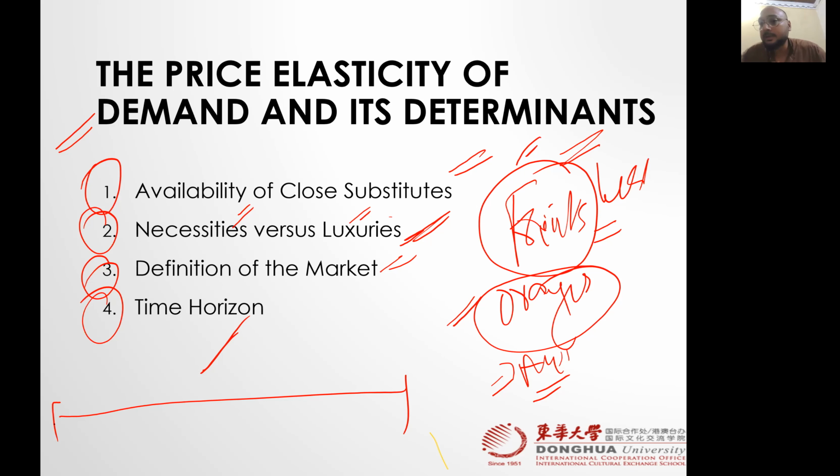So the longer the time means highly elastic. The time horizon is short if the government increases the petrol prices. For 30 days or for 7 days, you still buy the petrol. 7 days is okay. But for 1 year or 6 months, you stop your car, you shift to public transport, because the time horizon is huge.